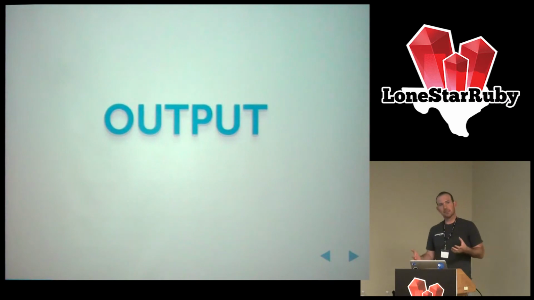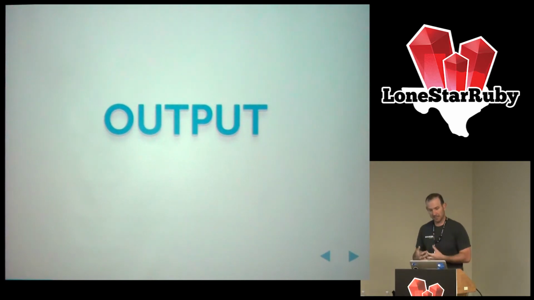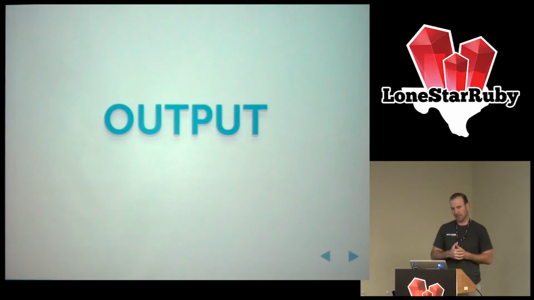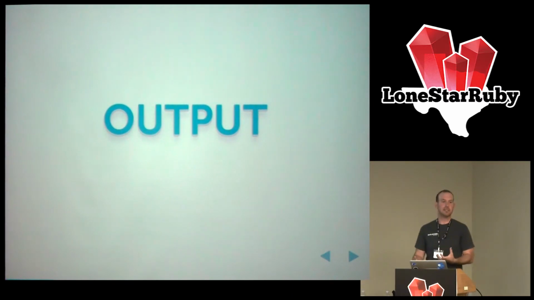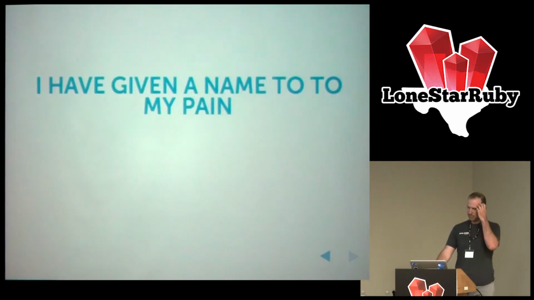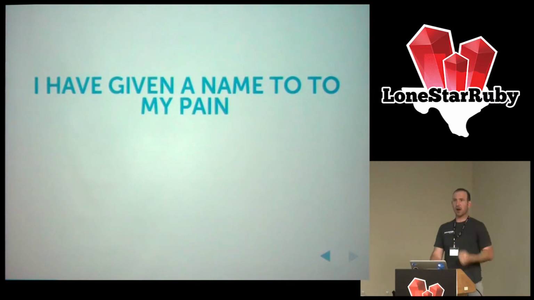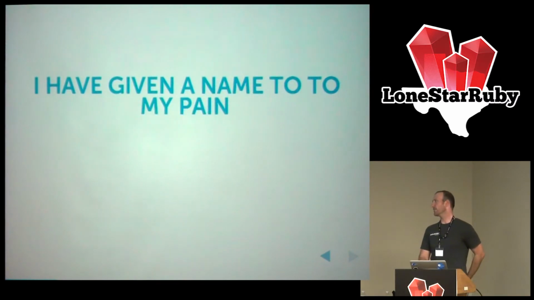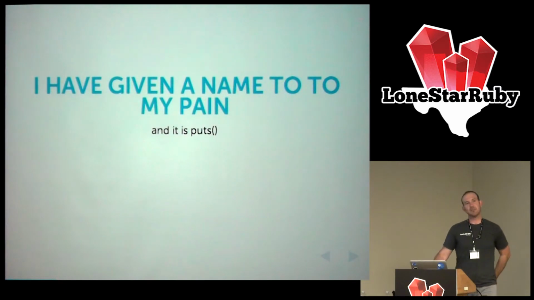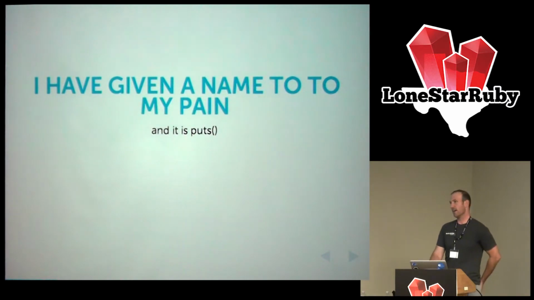The first thing is output. Now this is probably the biggest bugbear of CLI development, at least for me. The one that causes the most irrational fear and loathing is the way that we manage output to the terminal. And the basic problem, as I've identified it, is everybody just writes straight to standard out.